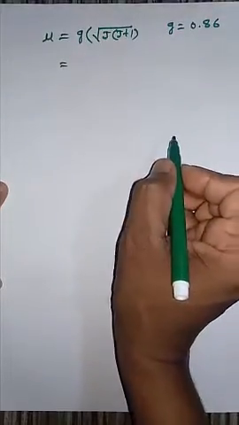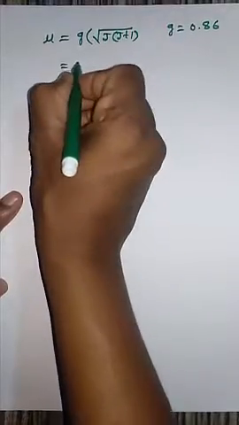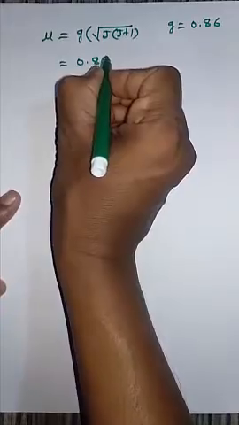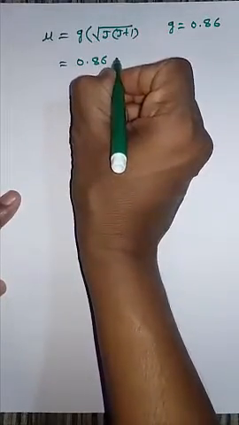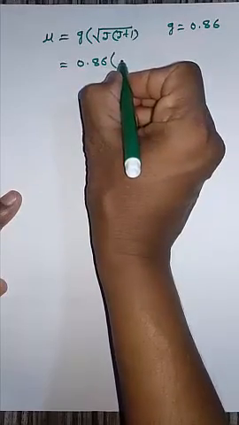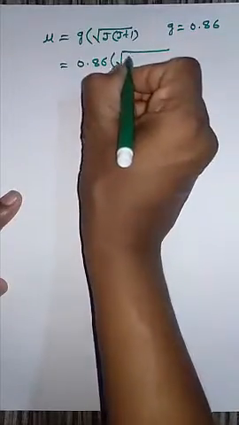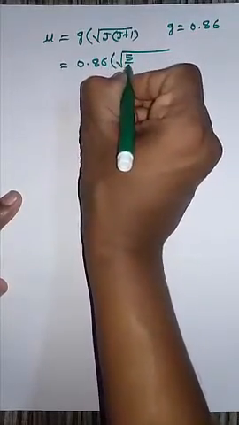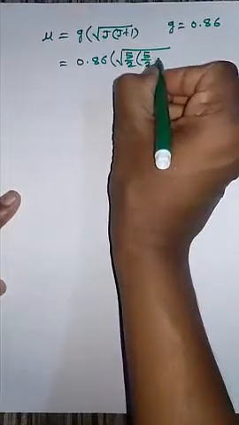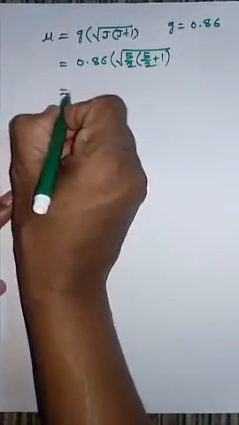Very simply we put this value of g there, that is 0.86, into the root of J into J plus 1, that is 5 by 2 into 5 by 2 plus 1.